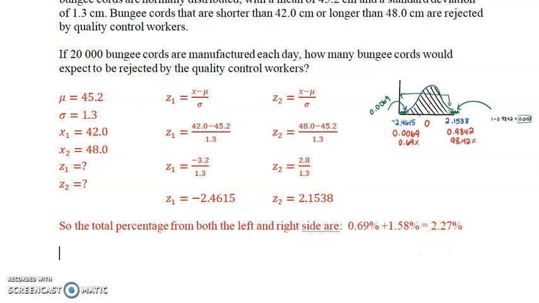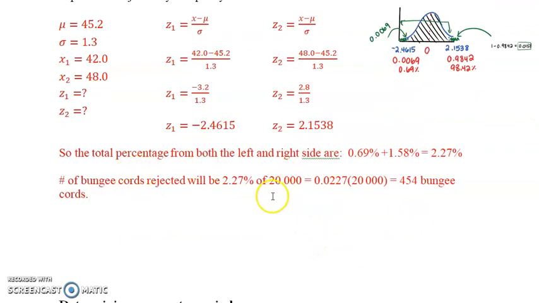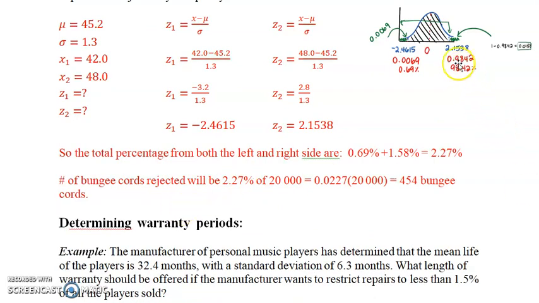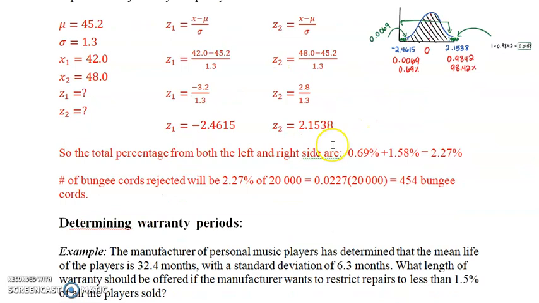To figure out how many, the number rejected will be 2.27%, which is 0.0227, multiplied by 20,000, which is equal to 454 bungee cords. So out of the 20,000 bungee cords, 454 will have to be rejected because they are shorter than 42 centimeters or longer than 48 centimeters.